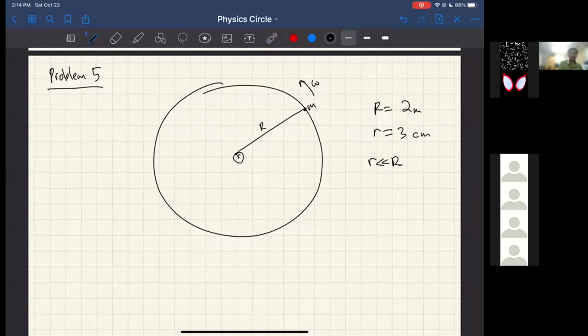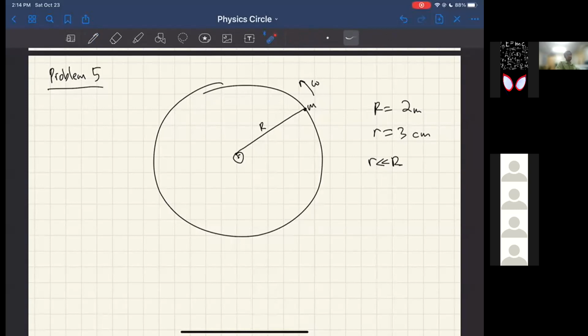So the first question is, any ideas? Air resistance is proportional to v squared.